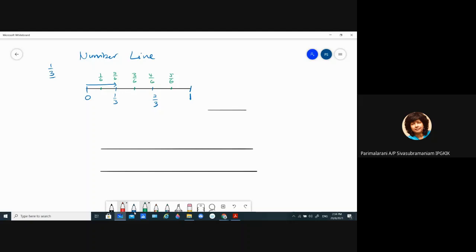If we divide it further into 12 equal parts, each part will be 1/12, 2/12, 3/12, and this is 4/12. From this diagram, we can say that 1/3 is equivalent to 2/6, which is equivalent to 4/12.